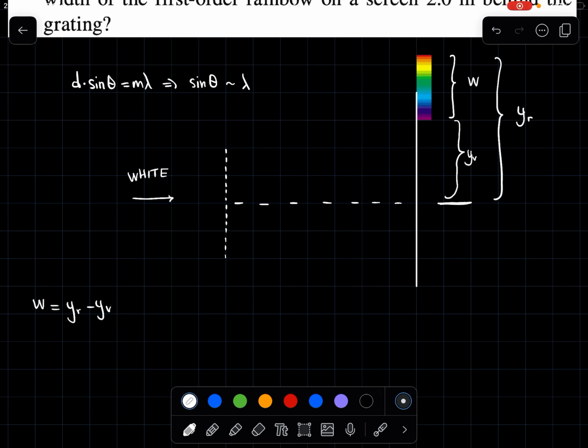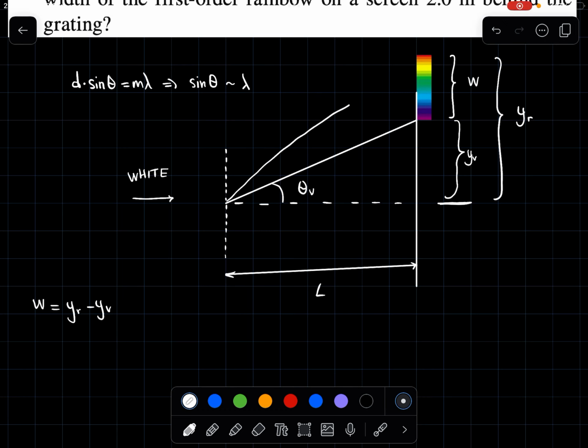Let me draw the distance between this grating and the screen as L, and the first maximum of violet light will be here, at this angle, let's call it theta violet.